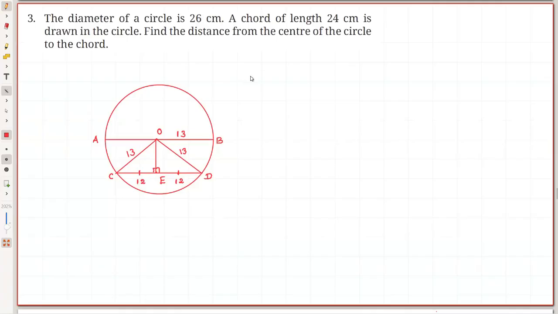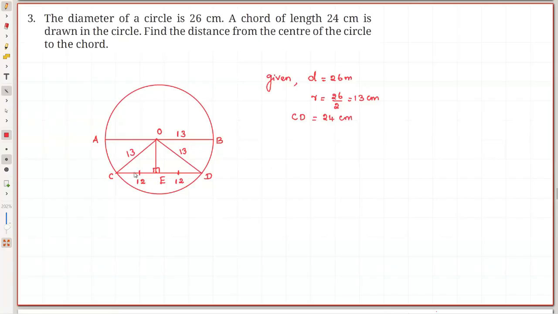First, write the given information. Diameter is equal to 26 centimeter. From this we can find the radius: radius is equal to half of the diameter, 26 by 2, so 13 centimeter. Now the chord is CD, which we have taken as 24 centimeter.